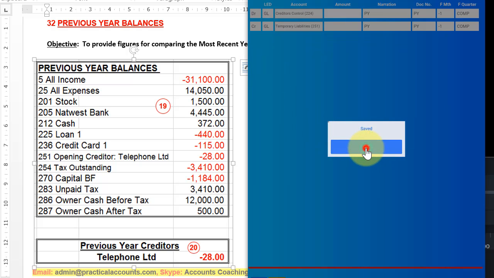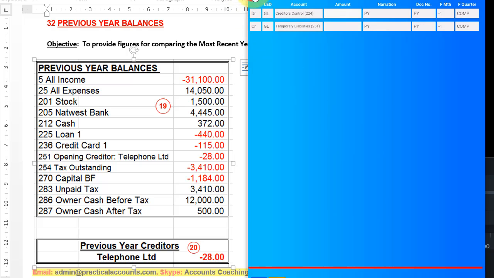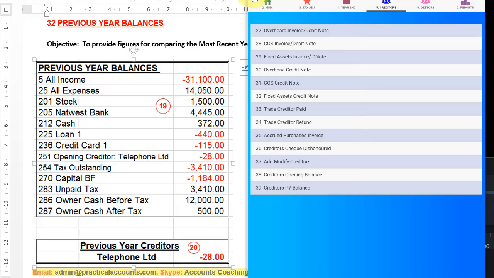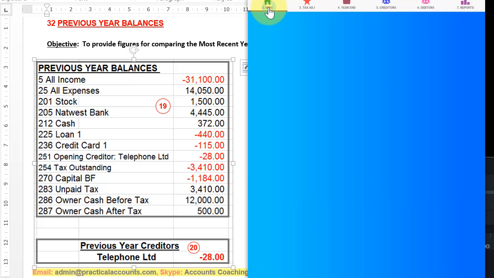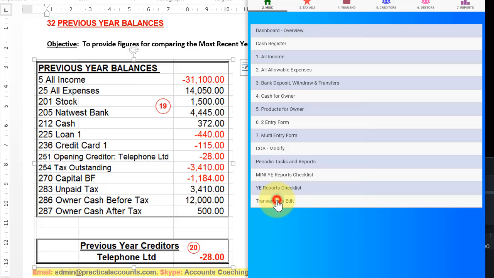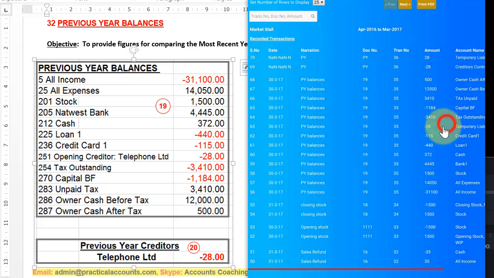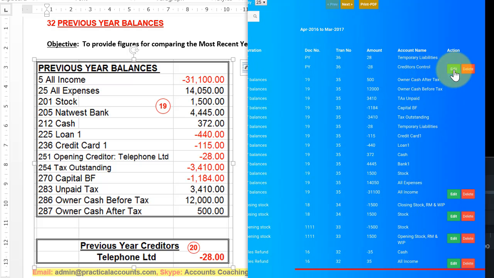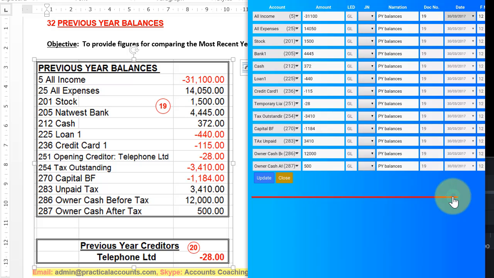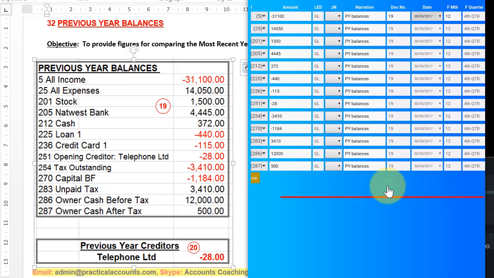That one has been done, but then I just realized we made one simple error. Let's go back to miscellaneous and we correct this most recent journal. The period is not right, so we click edit. The period is being recorded for period 12, and yet it should be previous year balances.